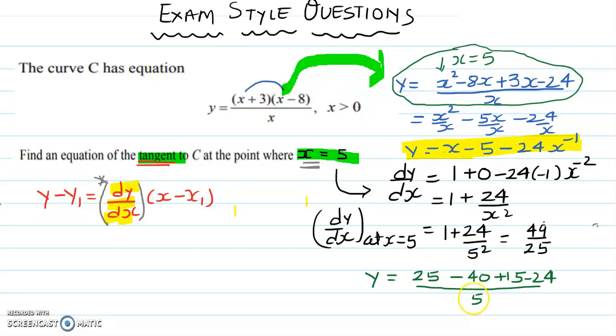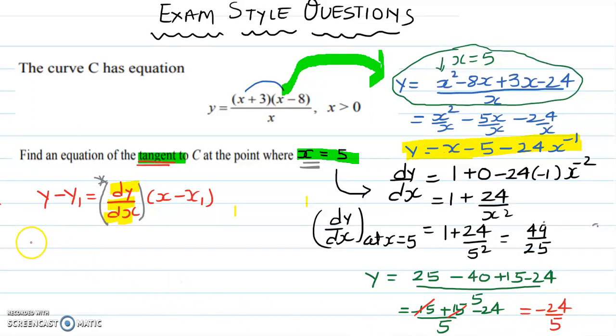If we do 25 minus 40 plus 15 minus 24, we get minus 15 plus 15 minus 24 over 5, this cancels out, so we are left with minus 24 over 5. So this is y.